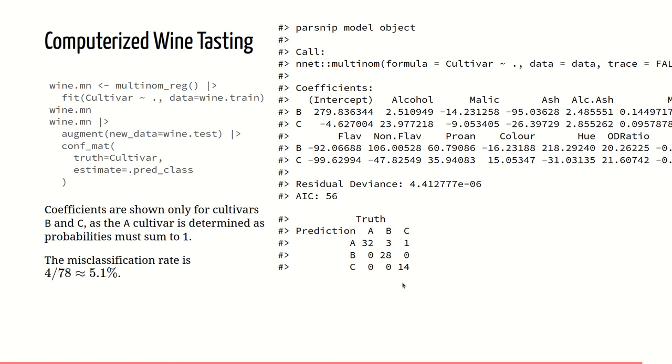Here we can see all our coefficients from the model. We have an intercept for the B and C classes. We don't have the A class listed because that's the baseline class, right? So the C here is estimating the probability of class C, the B here is estimating the probability of class B, and then A is determined because it's not B and not C. And here's our confusion matrix, and you can see that we're doing really, really well. We're only getting 4 wrong.